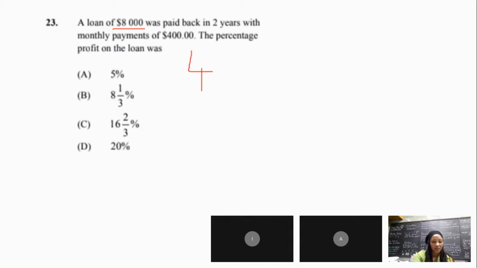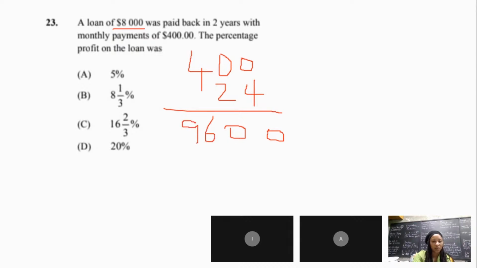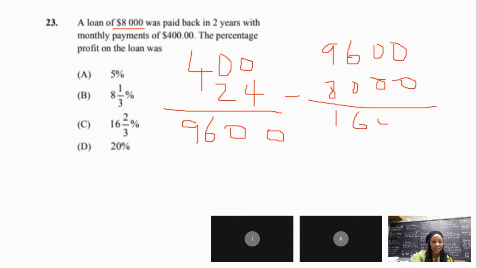So if you're paying back $400 per month for 24 months, that's $9,600 you paid back. So you borrowed 8,000, you paid back 9,600. So the extra that you paid back was 1,600.